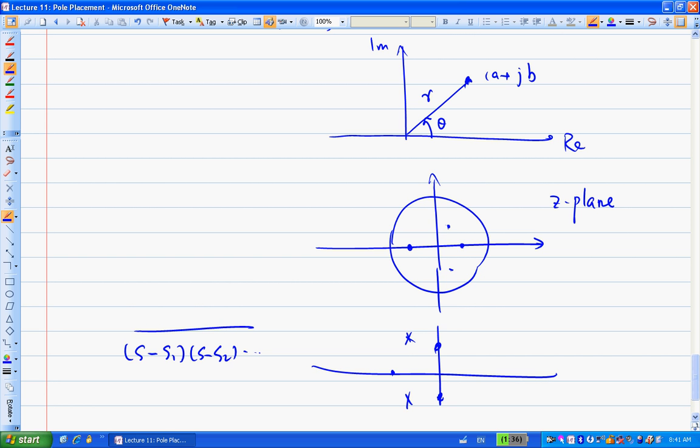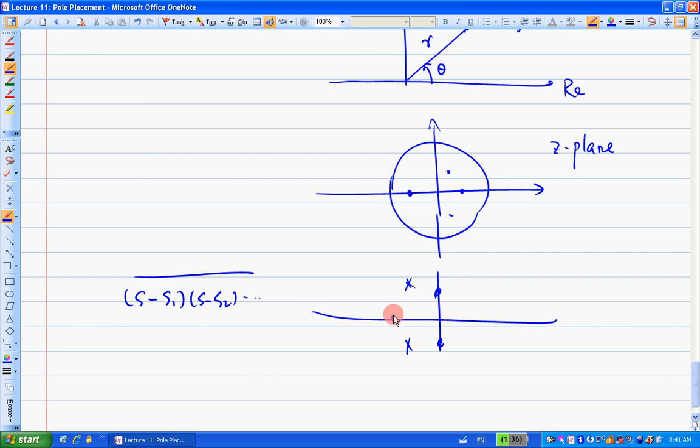But guess what? I think you know that. What's the effect of the pole location here compared to here? Which one is more stable?